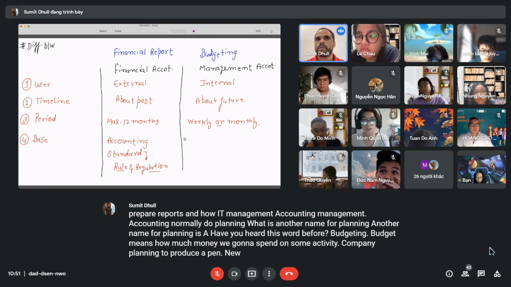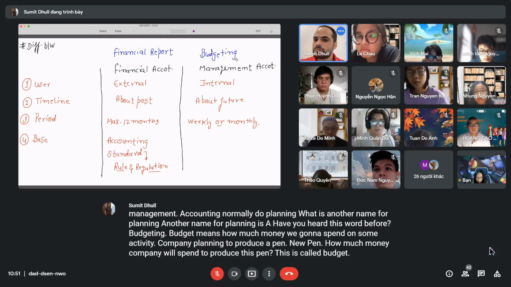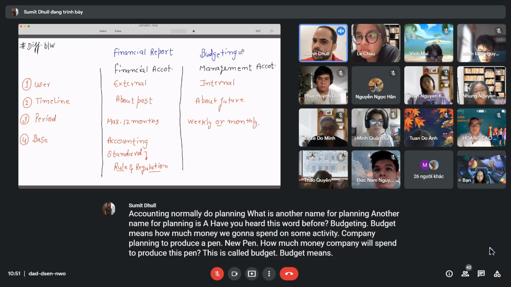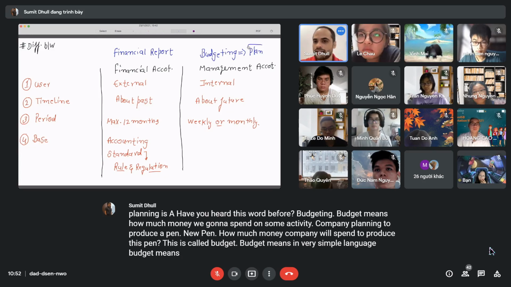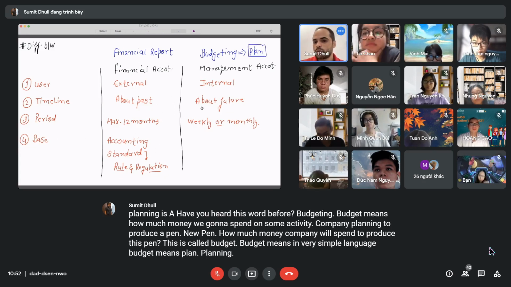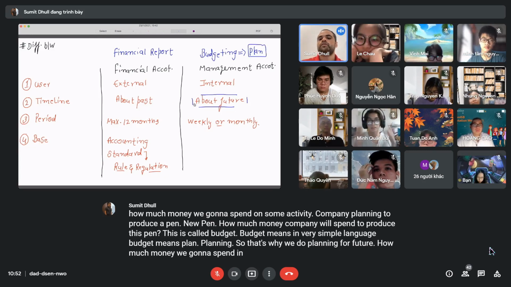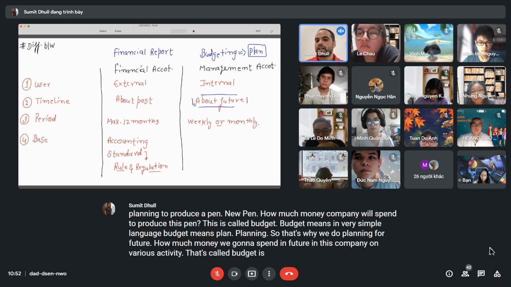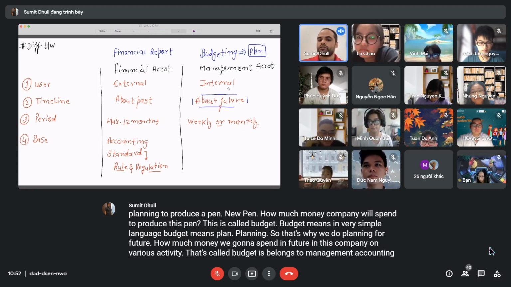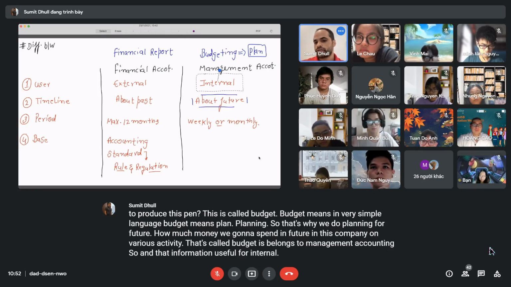How much money will the company spend to produce this pen? This is called a budget. In very simple language, budget means plan, planning. That's why we do planning for the future: how much money we are going to spend in the future in this company on various activities. That's called a budget. It belongs to management accounting. And that information is useful for internal users.